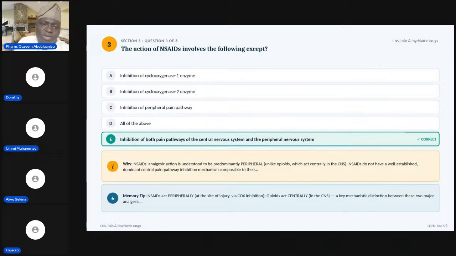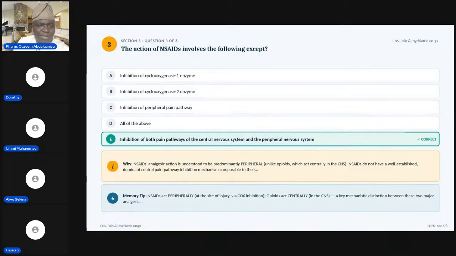Okay, so the next one says the action of NSAIDs involves the following except. The except is saying that one is not the action. So NSAIDs cause inhibition of cyclooxygenase 1 enzyme, inhibition of cyclooxygenase 2 enzyme, inhibition of peripheral pain pathway, then all of the above.